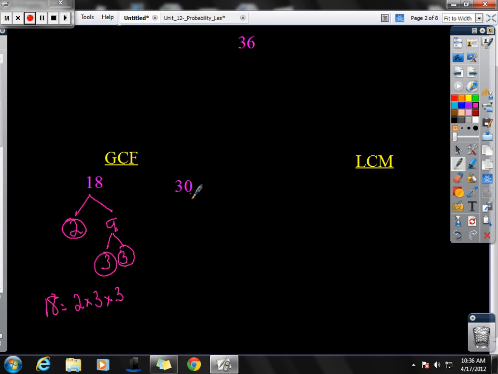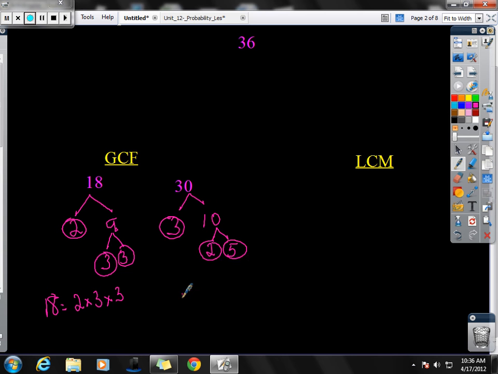We'll do the same thing for 30. And for 30, I'm going to start out a little bit differently. I know numbers with a zero in the ones place are easily multiplied by 10. So I'm doing 3 times 10. 3 is a prime number. 2 times 5 is 10, and 2 is also a prime number, and so is 5.